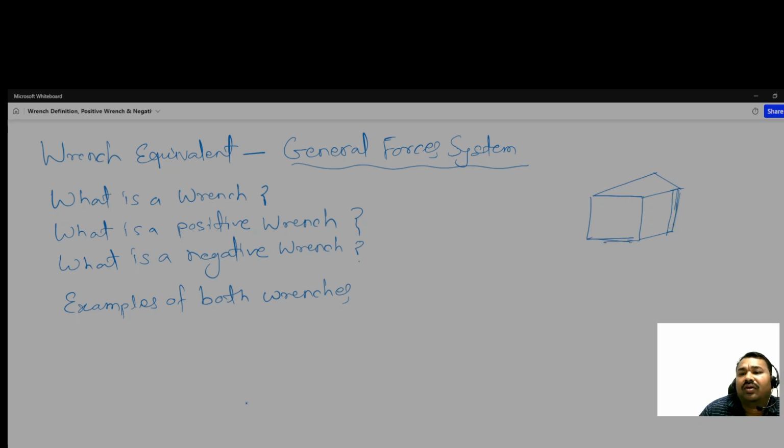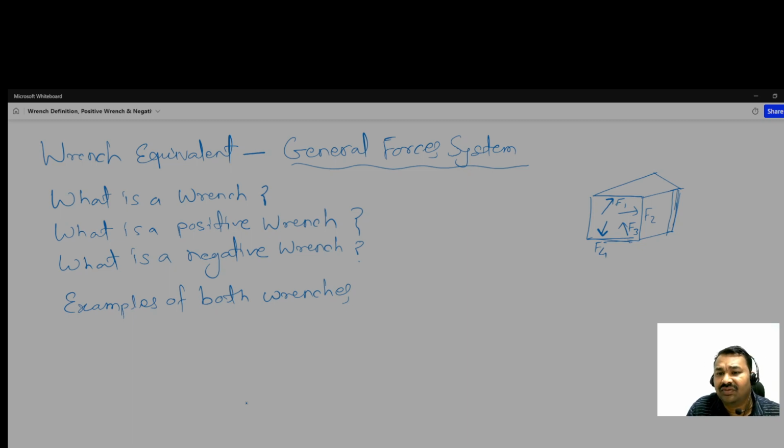Okay. Now we talk about the forces. This is like one force, this is like one force, this is another, this is another: F1, suppose F2, it is F3 and F4.